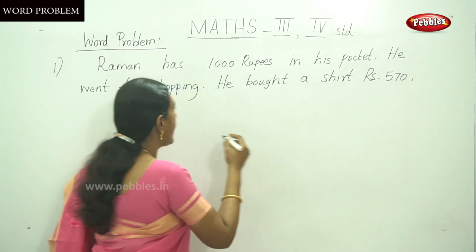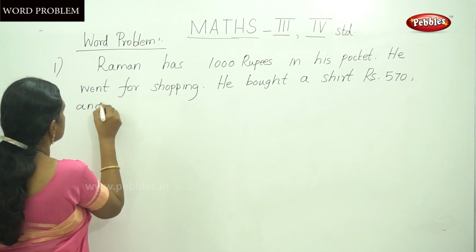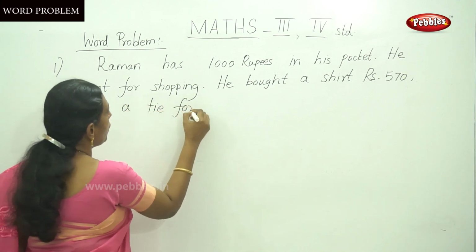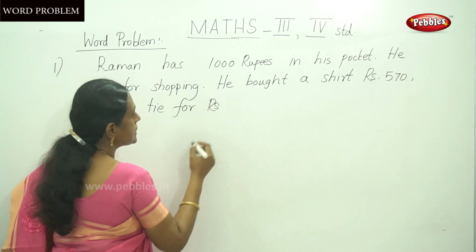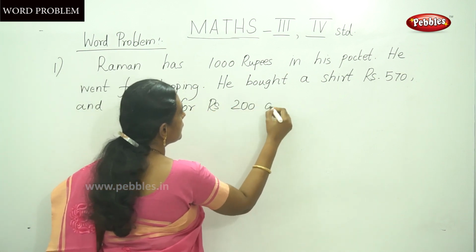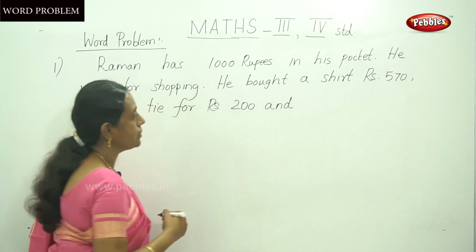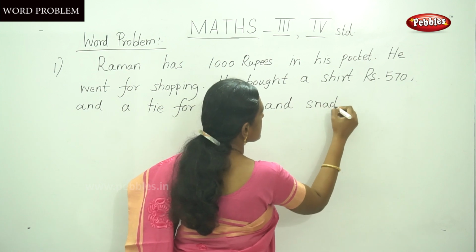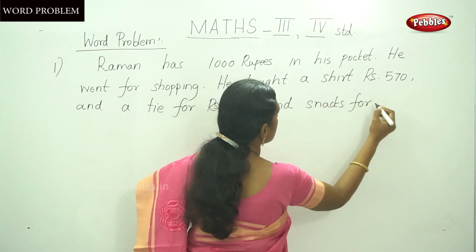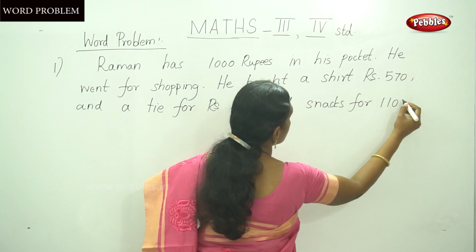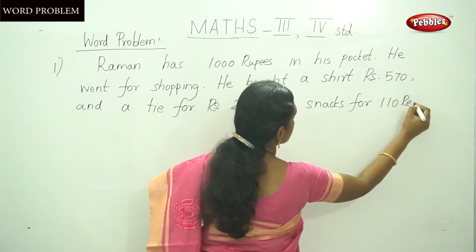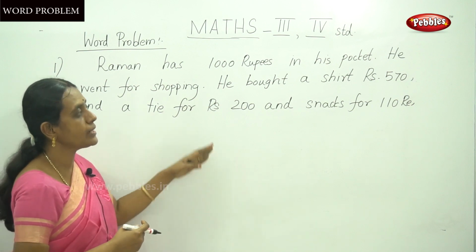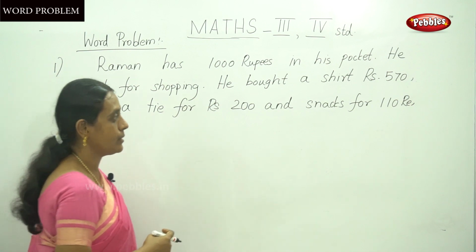And a tie for rupees 200, and snacks for 110 rupees. A tie for rupees 200 and snacks for 110.